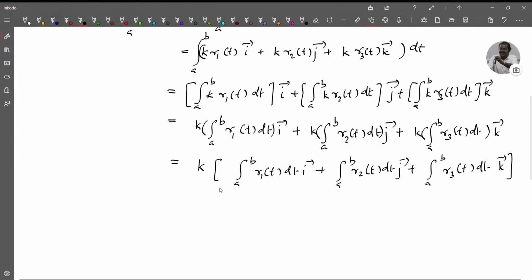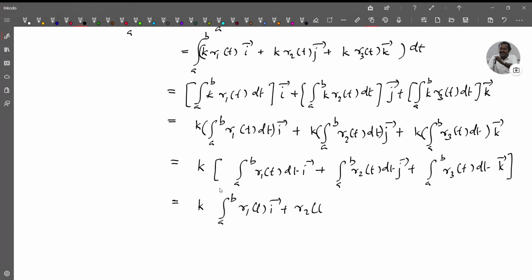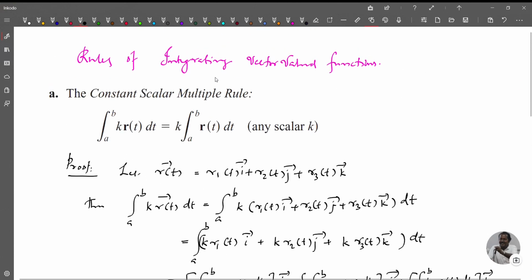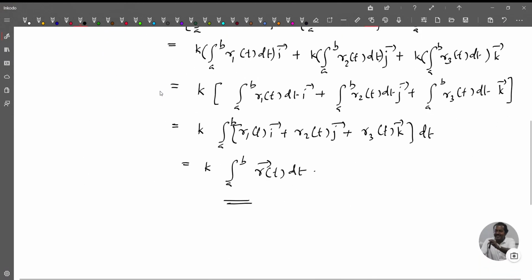So this is equal to k into integral a to b r1 of t i plus r2 of t j plus r3 of t k. This is k into integral a to b r of t dt. This proves the constant scalar multiple rule.